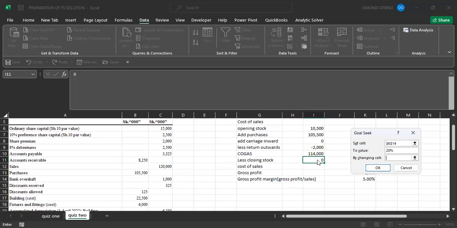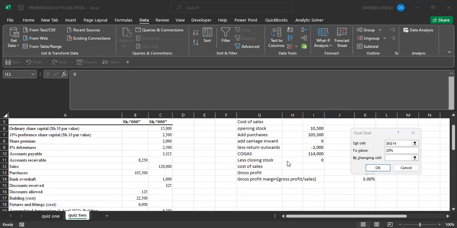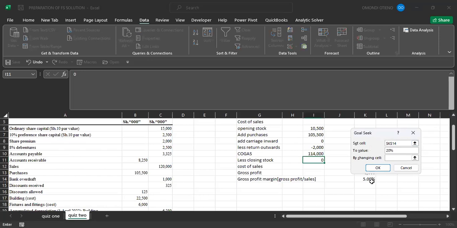Remember, we just placed 0 here, but we do not know the exact value of our closing stock. So I want to set my gross profit margin to 20% by interfering with the closing stock here. So by changing which cell? By changing the cell where we have closing stock.